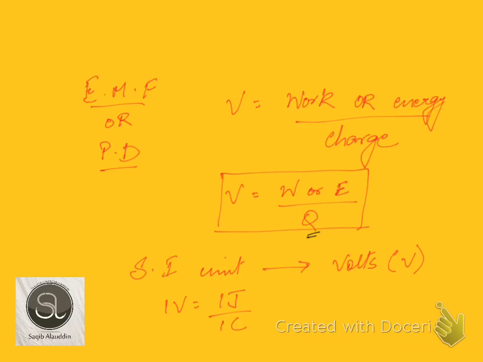Remember, we generally represent both EMF and PD by V, commonly known as voltage. The standard unit for both EMF and PD is volts, and 1 volt means 1 joule of energy converted or 1 joule of work done per 1 coulomb charge.